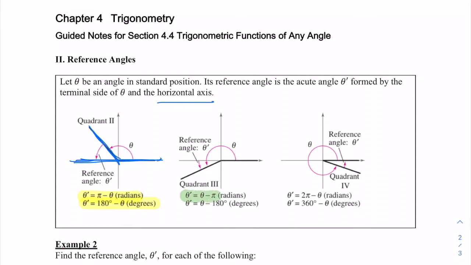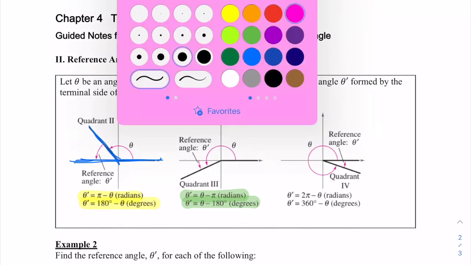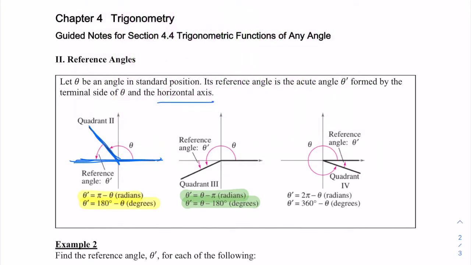So it's just a little bit of the reverse for quadrant 2 and quadrant 3. Now I think the easiest one is when it's in quadrant 4. Whenever it's in quadrant 4, you just subtract it from 360 or 2 pi.